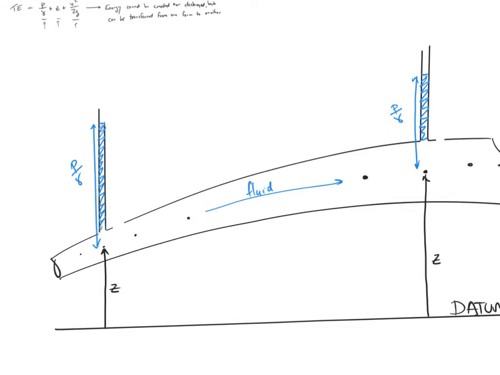And what the pitot tube is going to do is help me get at the velocity head. So this thing's going to rise higher. How much higher is going to depend on the flow, but this thing is going to be pointing into the flow. Now we've got two of these, one at each spot.